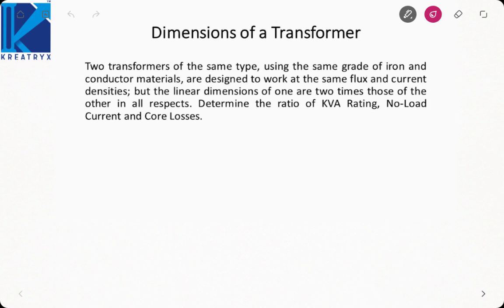of a transformer. Such a problem involves scaling the transformer, changing its dimensions, and asking what the effect is on different parameters. Remember, whenever we scale a transformer, you have to keep electric field and magnetic flux density constant.